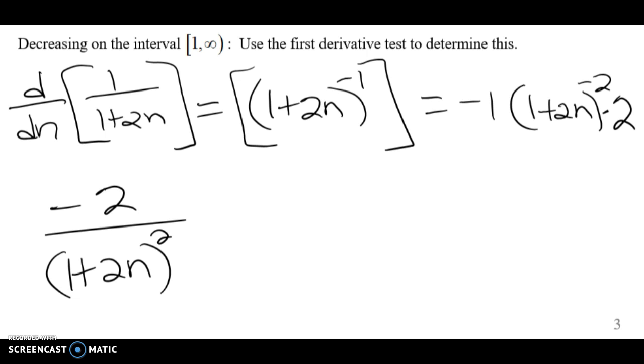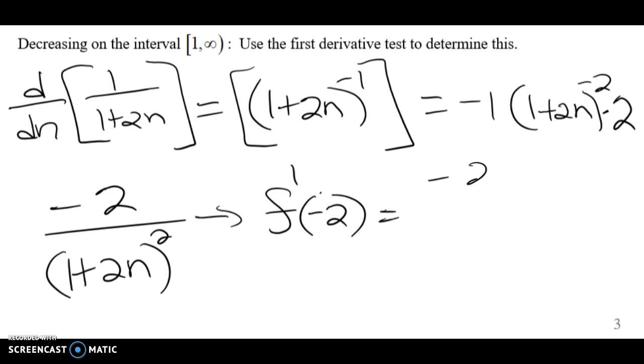Now, in order to determine whether it is decreasing, we need to evaluate this derivative someplace within the interval from 1 to infinity. So let's evaluate the derivative at 2, something within 1 to infinity.